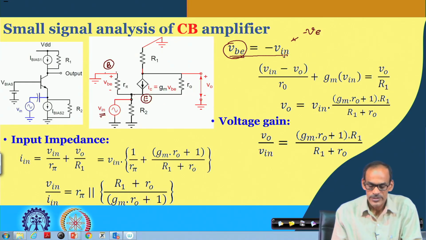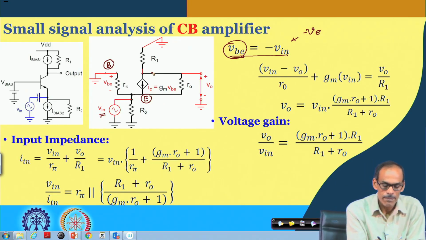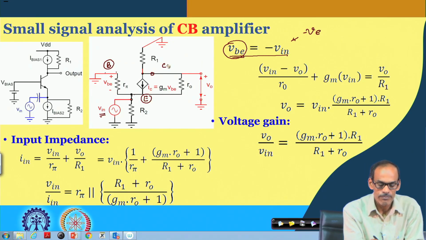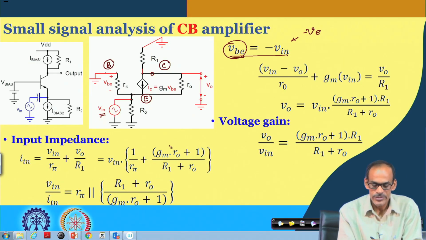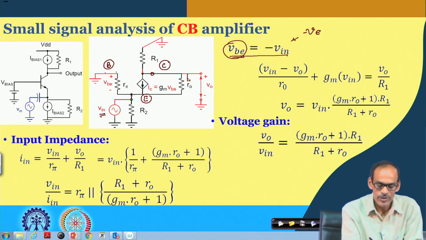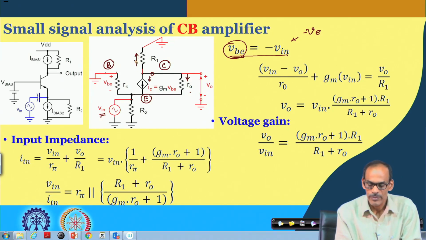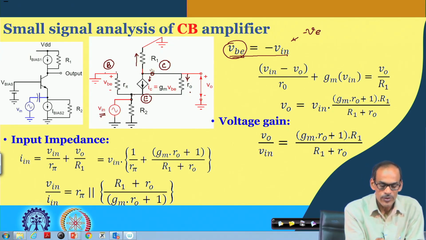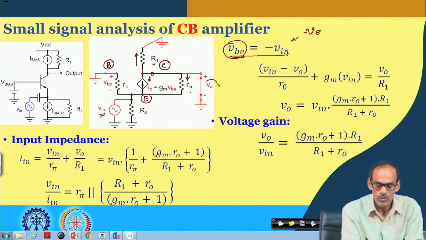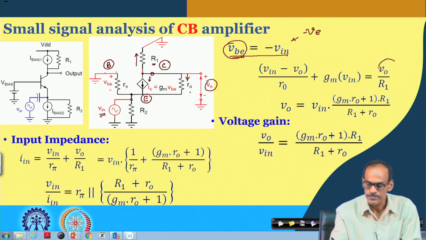The next one is, if you see at this node, the collector node, we do have three current elements. One current is flowing through this RO, another current is flowing through this device, and then also we do have a current flowing through this R1. The current flowing through this R1 is VO divided by R1.